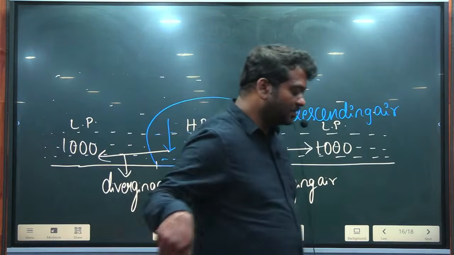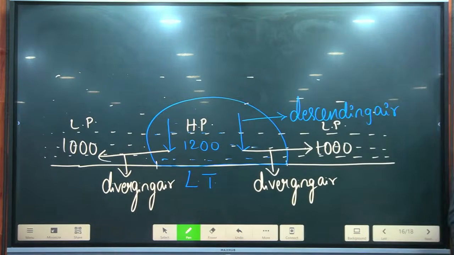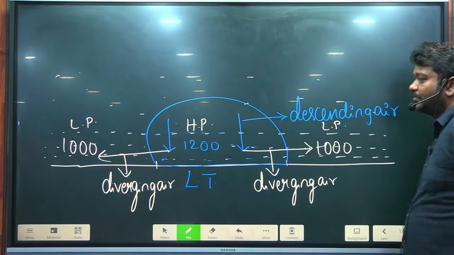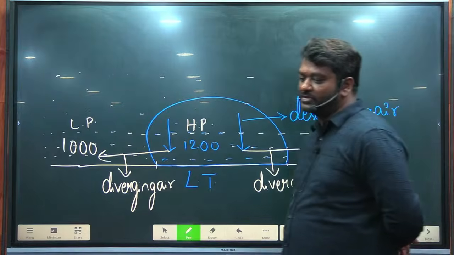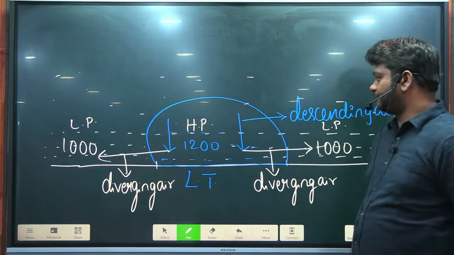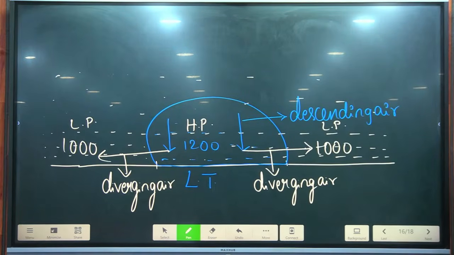Low temperature surface of the earth is known as thermally induced high pressure. Draw this.